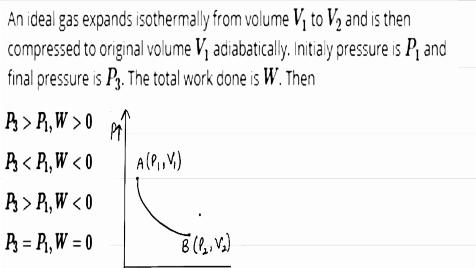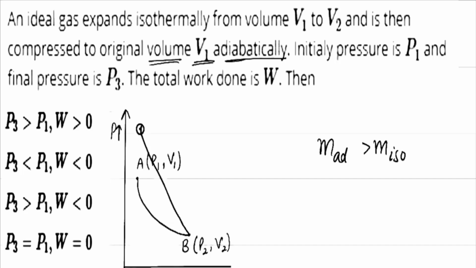Now after reaching the state B, it will be compressed back as it is given in the question. It is compressed to its original volume V1 adiabatically. So let us draw the adiabatic curve. Now we know for an adiabatic process, the slope is always greater than for an isothermal process. That means to draw the adiabatic graph from point B, we have to draw a line of larger slope, towards this point, so that the volume will be the same.